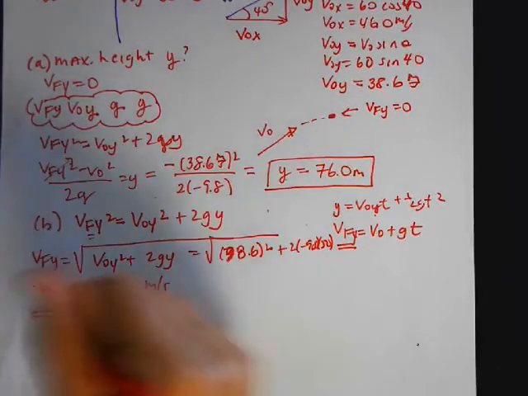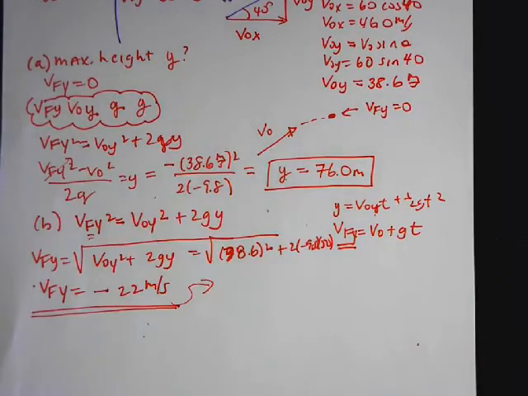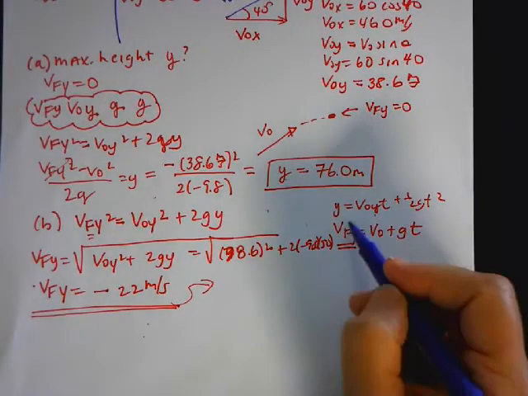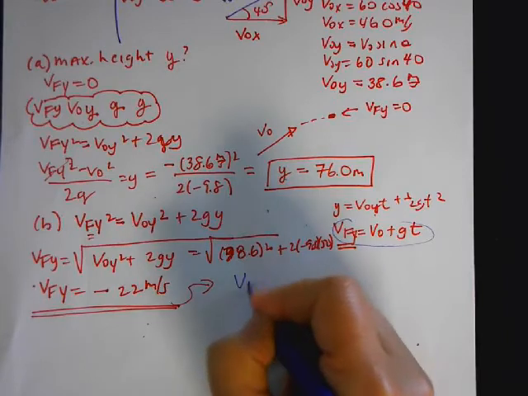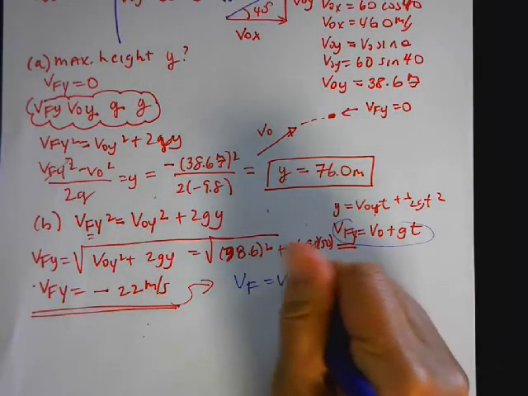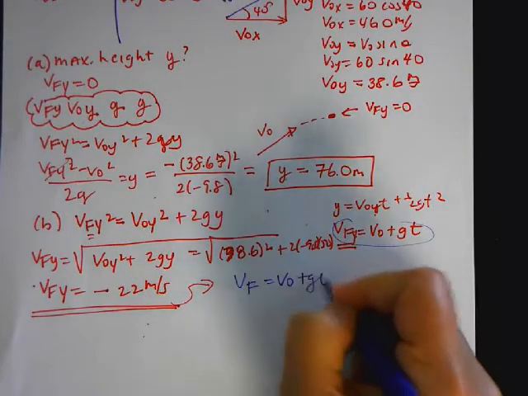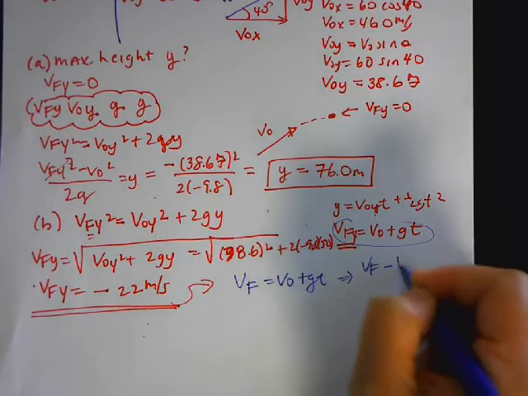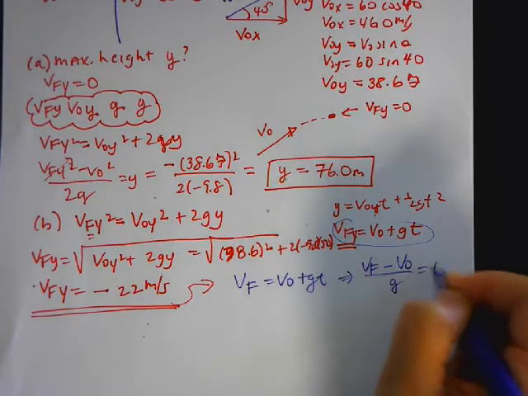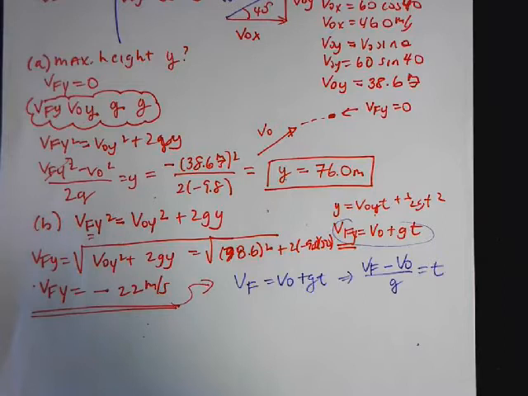Now I can go ahead and take this and substitute it in this equation to solve for t. So vf is equal to v naught plus gt. So vf minus v naught over g is equal to t. Now this is where you have to be very careful with your signs.